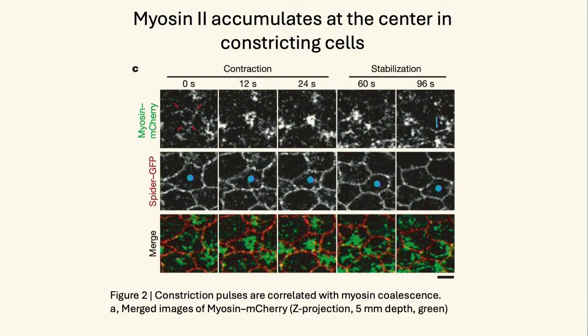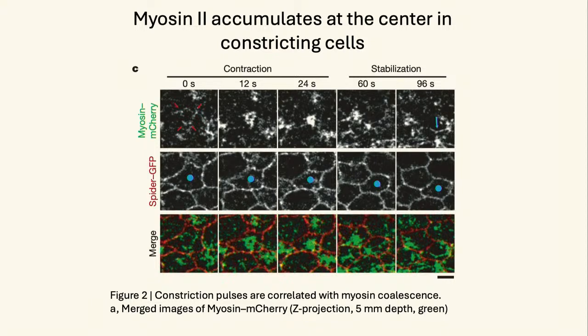Okay, so now, what about the way in which this takes place, right. So myosin accumulates first of all at the center, it's not at the periphery. It is accumulating at the center, most likely linking the actin filaments in such a manner that it allows for this constriction pulse to take place.